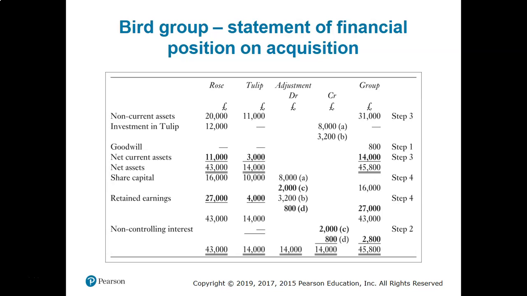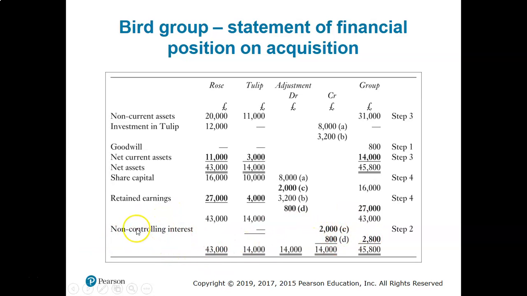So 8,000 times 1.5 is 12,000. So their investment in the subsidiary is 12,000. The other picture is the same as we saw before. But the change here is non-controlling interest. There is a non-controlling interest here that we need to consider.